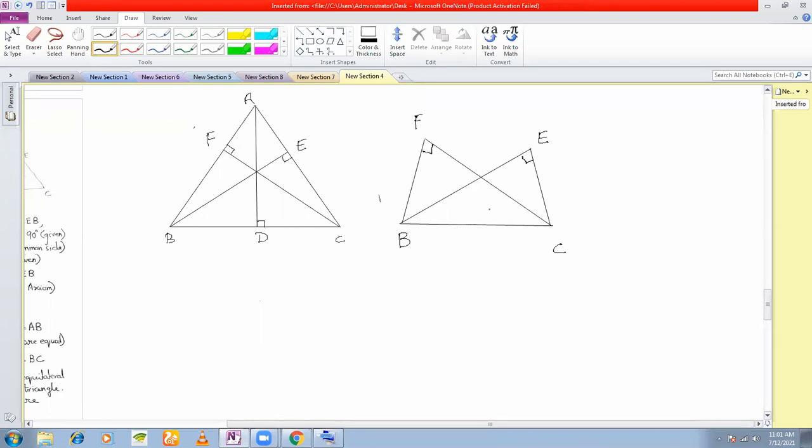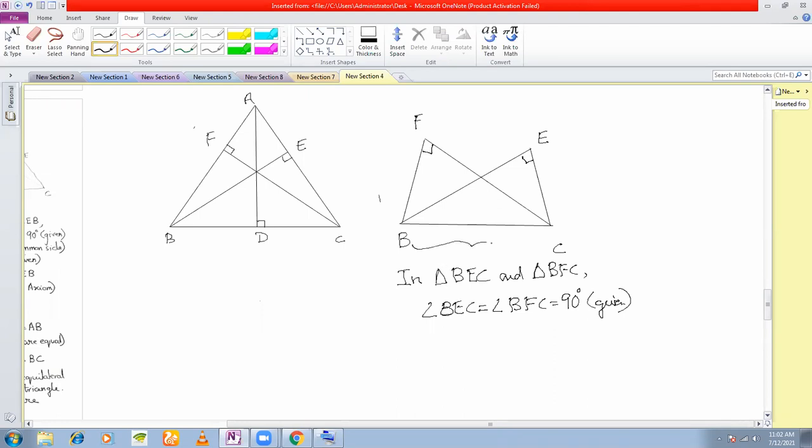These two are the triangles, we can prove congruent. How do we prove congruent? We start by saying in triangle BEC and triangle BFC. First of all, the 90-degree angles are equal. So we write angle BEC is equal to angle BFC equal to 90 degree. This is given.